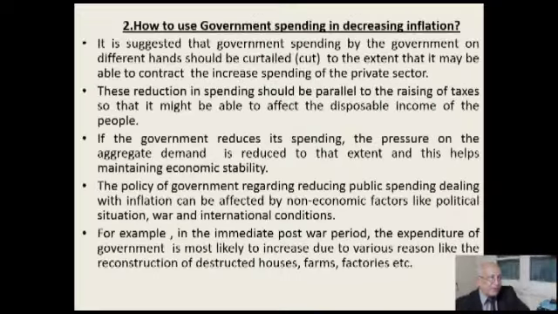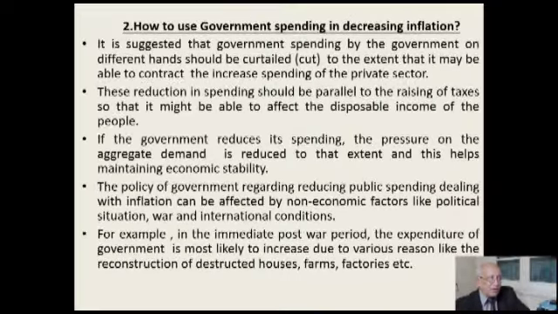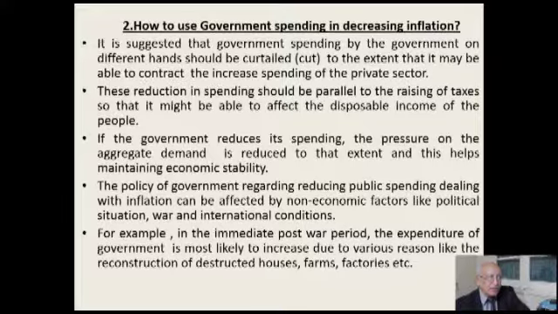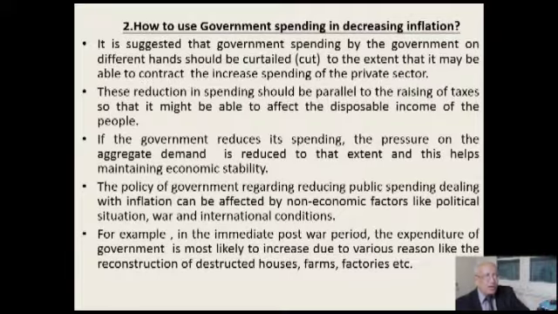Another point we have is how government uses public expenditure, or public spending, in decreasing inflation. It is suggested that spending by government on different heads should be cut to the extent that it may be able to contract the increased spending of the private sector.